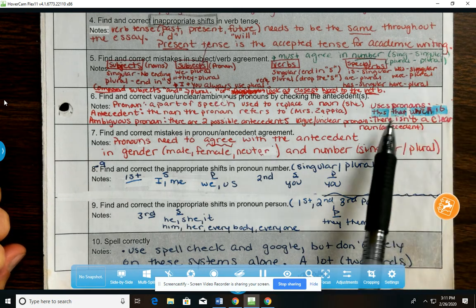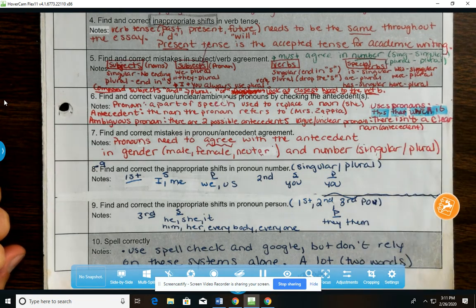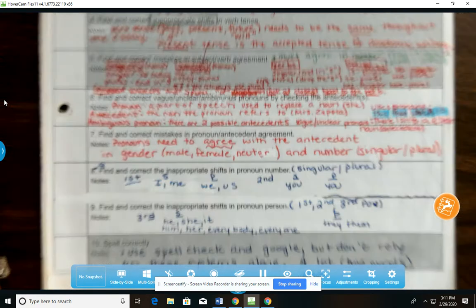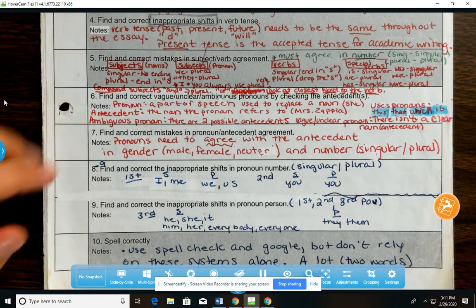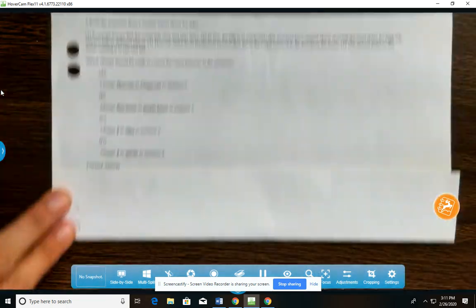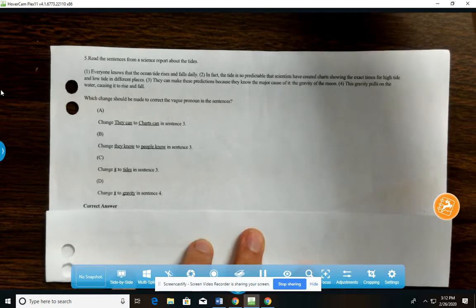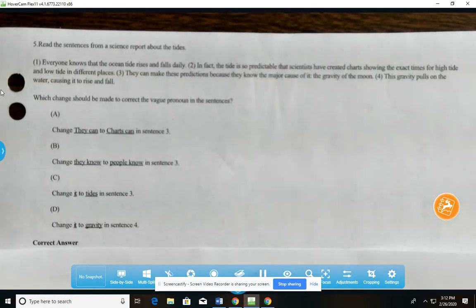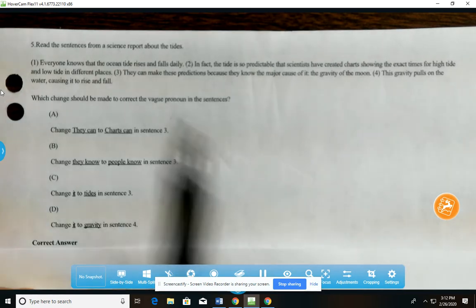So when we use the words this, that, which, and it, make sure when we're using them as a pronoun that somewhere previously in a different sentence of that paragraph you know what specific noun, what specific antecedent that pronoun's taking the place of. Let's do some practice. It's tough stuff. These are the ones that I see most mistakes on in the unit assessment.